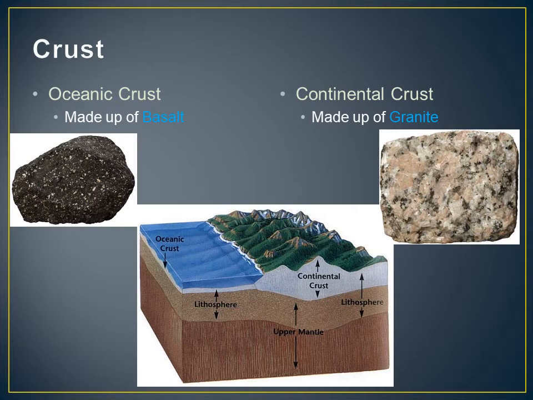The oceanic crust is made up of basalt, and the continental crust is made up of granite. When we get to rocks and minerals, we'll talk about why there is a difference here. But primarily it's because the oceanic crust is much younger than the continental crust.